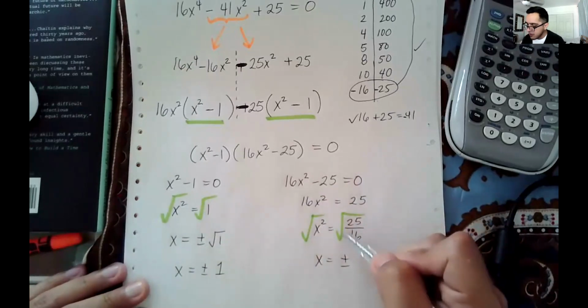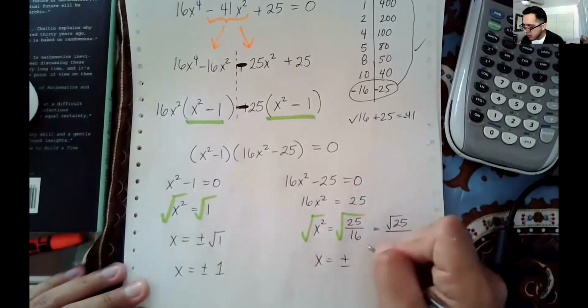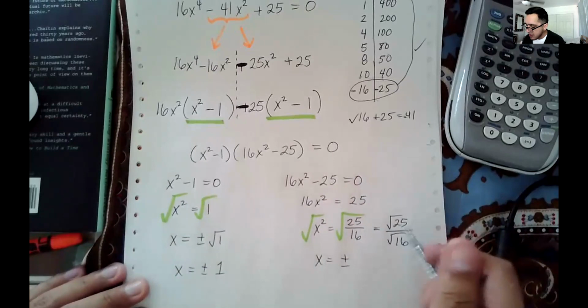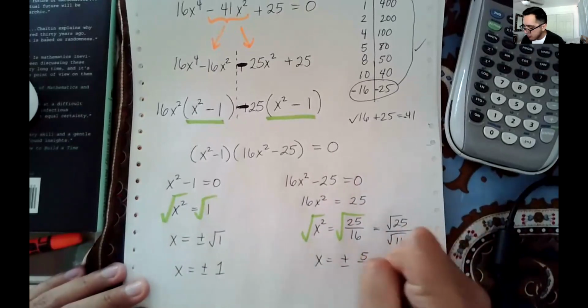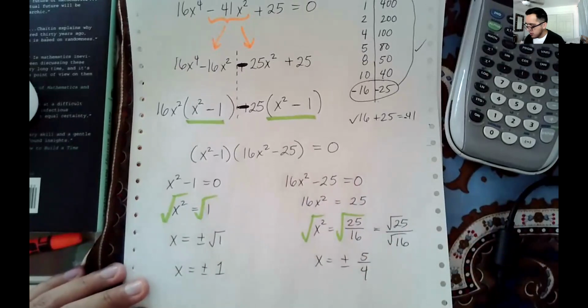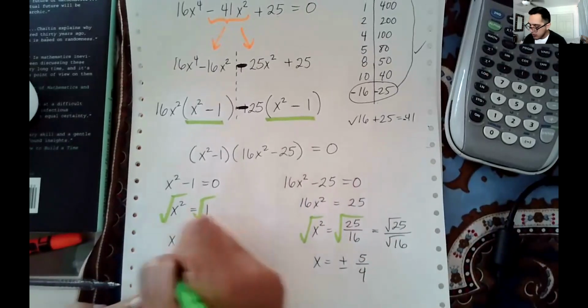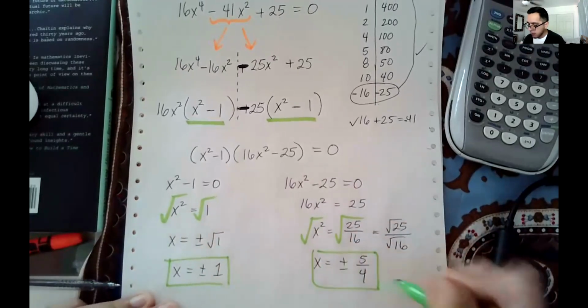And since this is the square root of 25 over the square root of 16, we can take the square root of these numbers and we will get 5 over 4. So that's plus or minus 5/4. So we have our 4 solutions: positive and negative 1 and positive and negative 5/4.